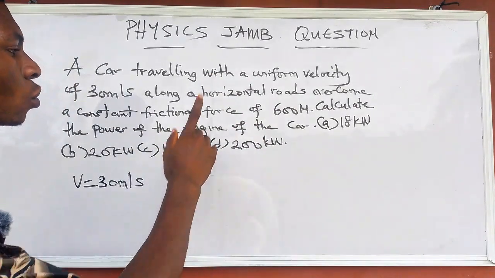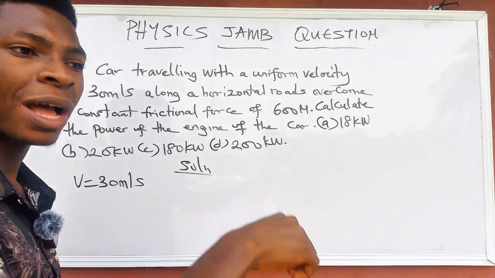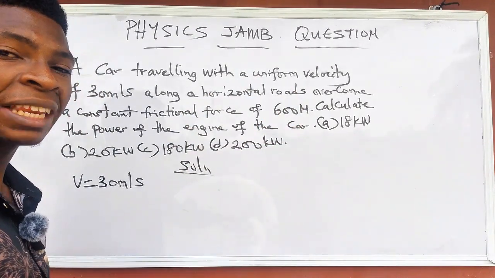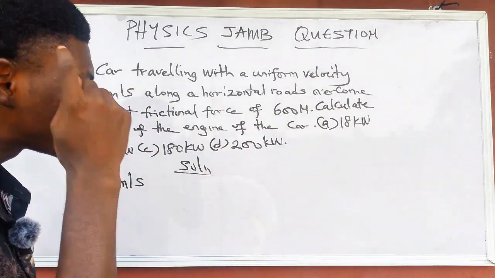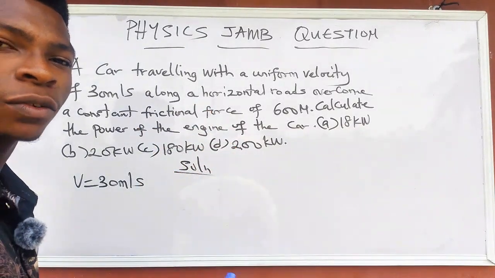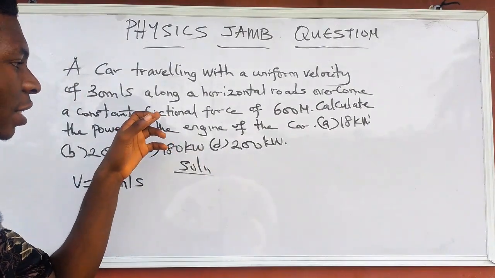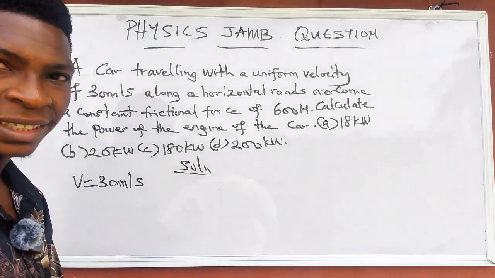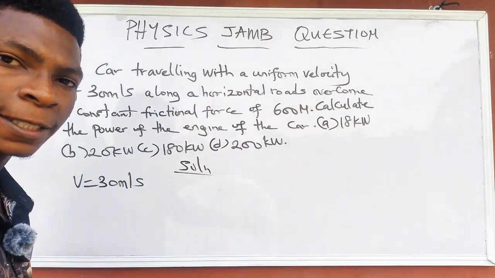So we're going to use this frictional force as the force of the engine because we are asked to calculate the power of the engine. We're going to use the force of the engine and the velocity the engine is using to drive this car. I hope you are getting this now. The limiting frictional force is equal to the force of the engine because they are moving at uniform velocity.